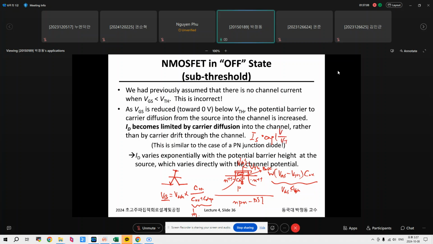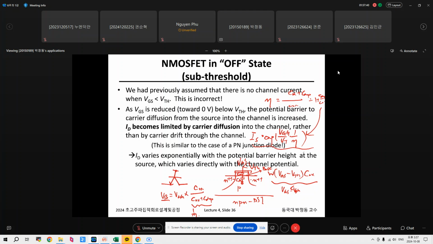Vb is Vgg multiplied by C aux, and this is 1 over eta, something like this. And eta is what? Eta is C aux plus C dep over C aux, which is 1 plus C dep over C aux. Okay, this is the equation for the off-state MOSFET in sub-threshold.